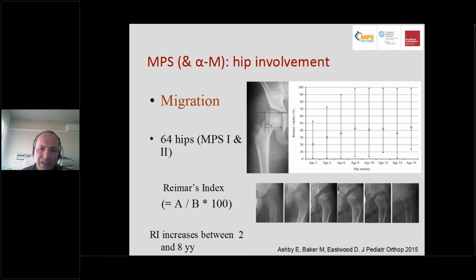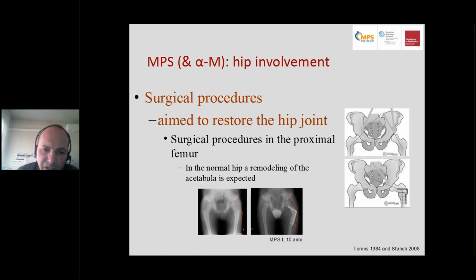This is a percentage that we use to measure the percentage of the femoral head that is covered by the acetabulum, and we can see that the Reimers index increases between age 2 and age 8.